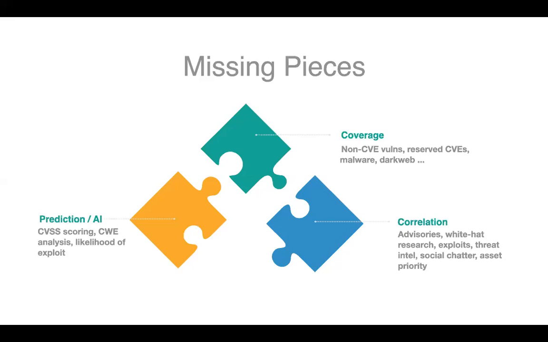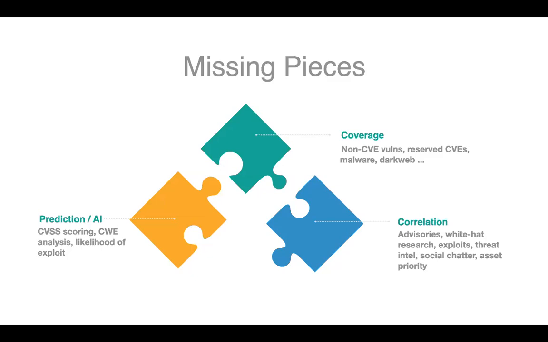Then the last piece, once I know who said it, where they said it, how many times they said it, what's the importance, if there's a vendor advisory, then I can feed that into our AI models to make a prediction. I want to predict a couple of things. I want to predict its CVSS scoring, right?